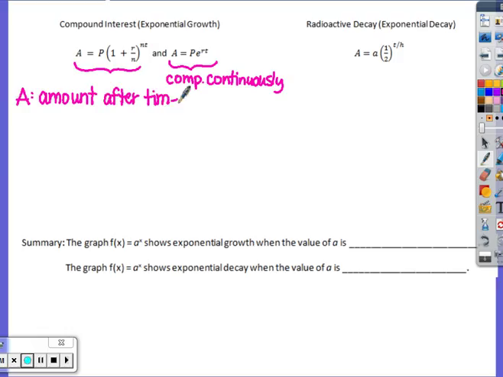So some time passes and you got some more money, right? So A stands for that final amount after you've collected all your interest. P. It starts with a P. Close. Principal. Who the heck knows what principal means, though?